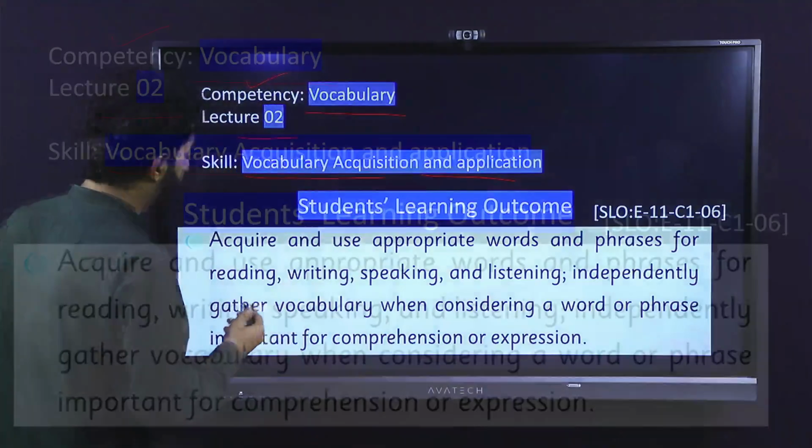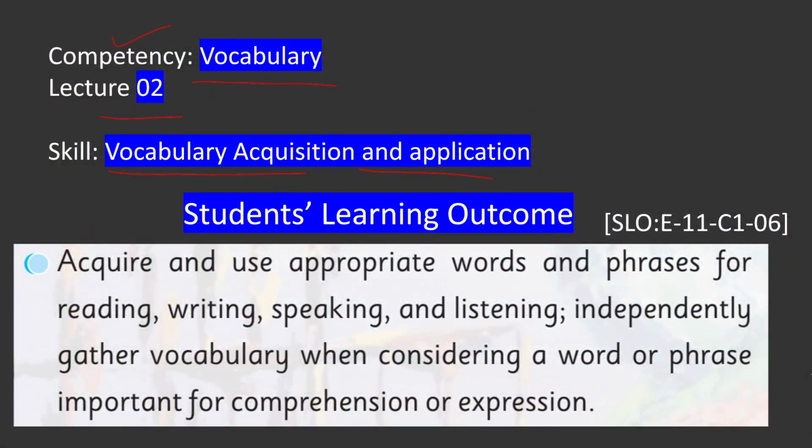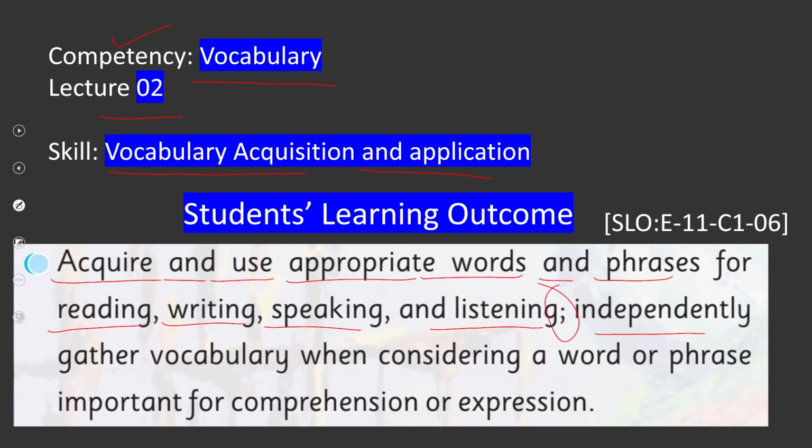So, our students' learning outcome is to acquire and use appropriate words and phrases for reading, writing, speaking, and listening. And the other part of the SLO is to independently gather vocabulary when considering a word or phrase important for comprehension or expression.